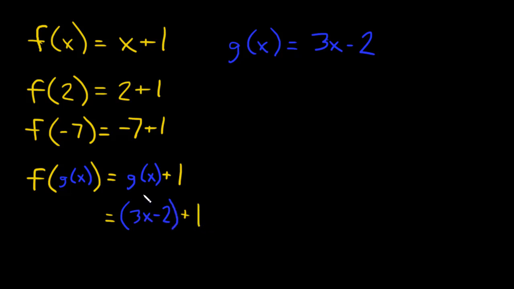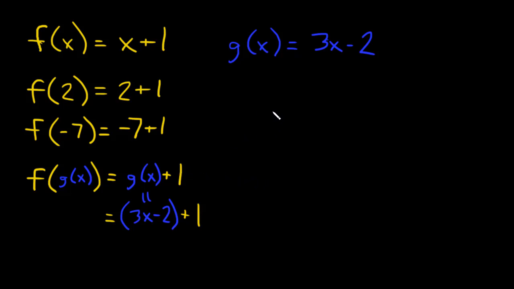All I did was a substitution between those two, because g of x has been defined as 3x plus 2. So I had g of x plus 1, that becomes 3x plus 2, which is what g of x was equal to, plus the 1. All right?